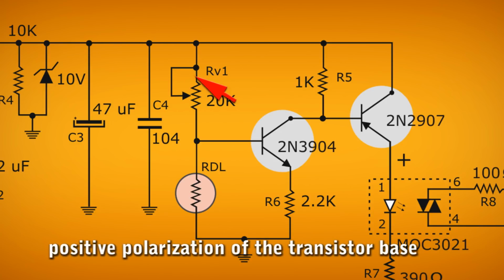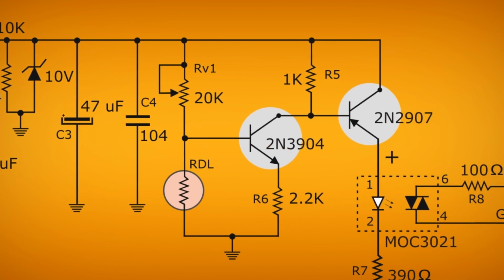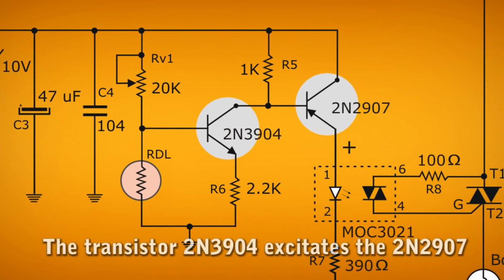At that time, it positively polarizes the base of transistor 2N3904. It's in this moment that the transistor conducts from collector to emitter, negatively biasing the base of the 2N2907 PNP transistor.